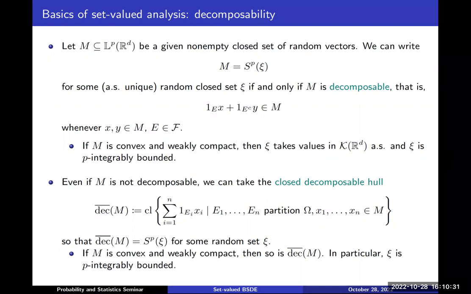The resulting set might not be closed, so you just take the closure. If you start with a convex M, the decomposable hull will be convex, and so on. And then the corresponding C, if you start with the weakly compact M, the corresponding C will be integrably bounded.